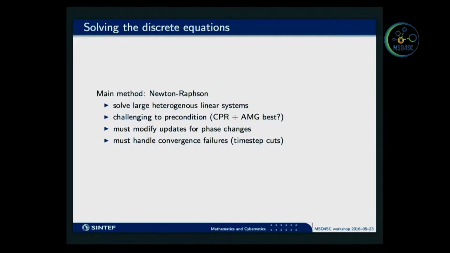So then we solve the discrete equations, and for that we use Newton-Raphson. We need to solve large heterogeneous linear systems. These systems have unknowns of different types. You will typically have a pressure unknown and 1 or 2 saturation unknowns.